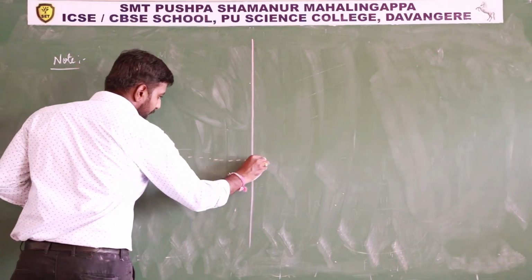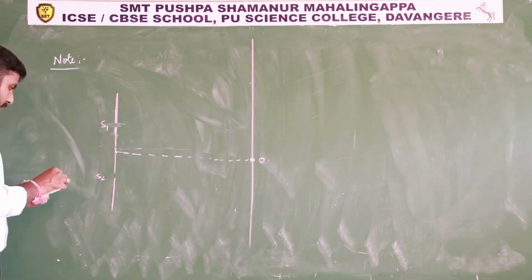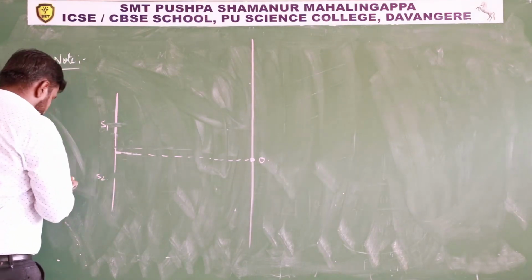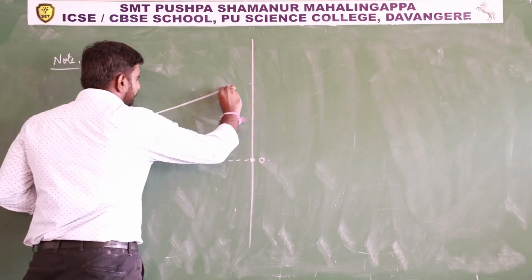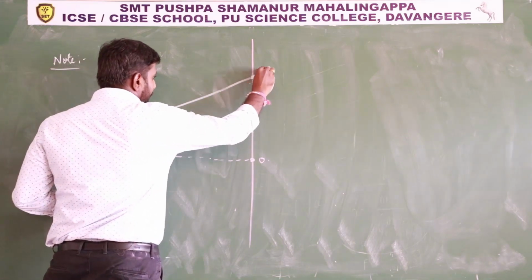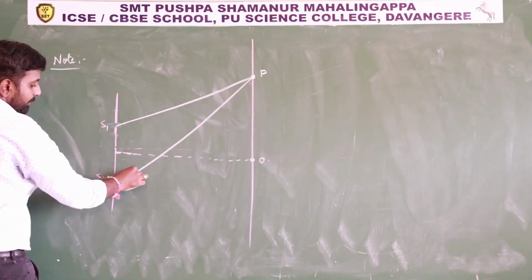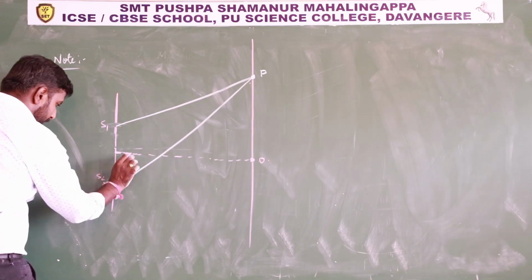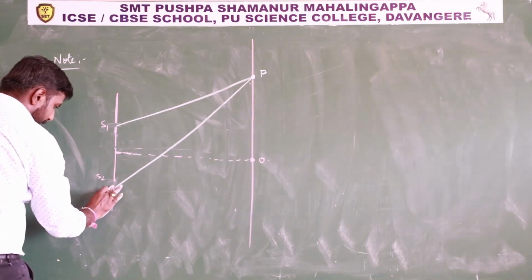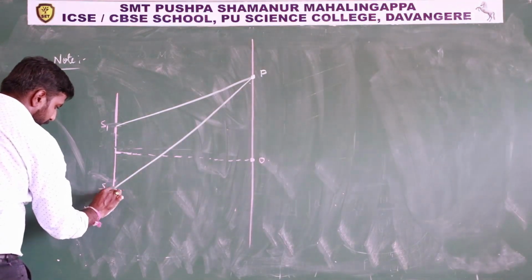Let us consider that point as O on the screen. Then the wave from S1 will travel to point P, and from S2 also the wave will travel to point P. This is the S2 source.